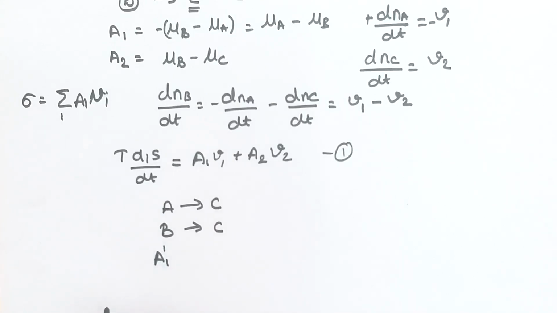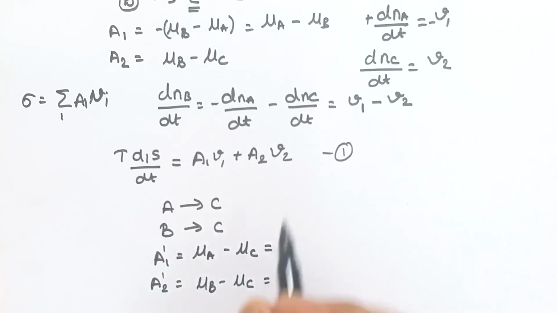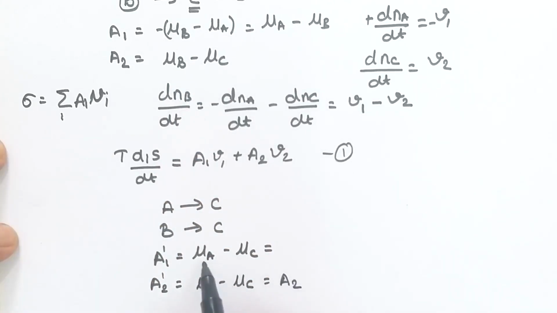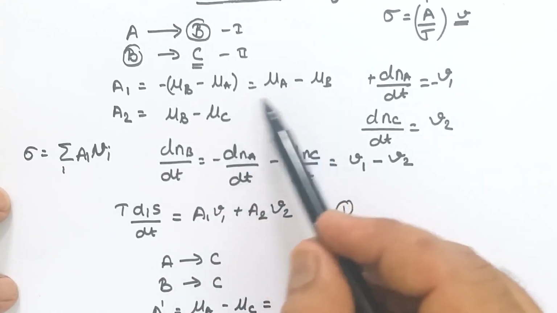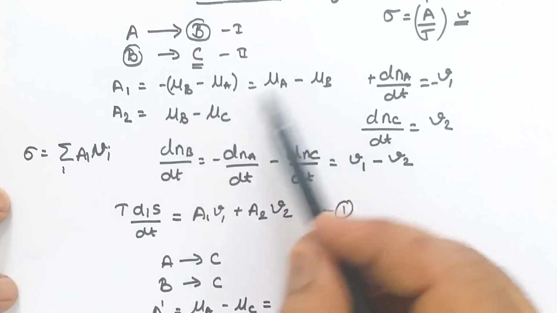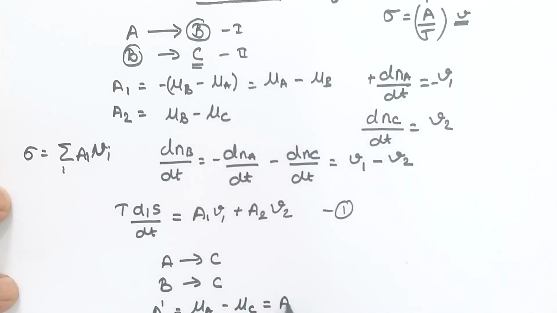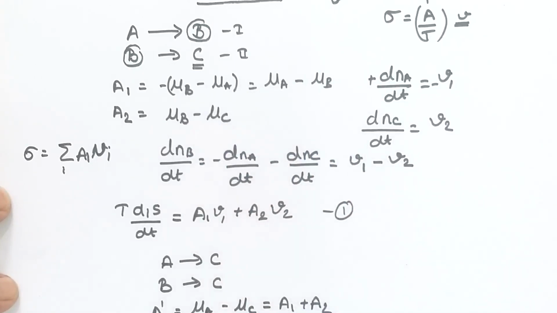Suppose I write A1 prime for the first reaction, that is A1 prime is equal to mu A minus mu C, and similarly A2 prime we can write as mu B minus mu C. So this mu B minus mu C I can write equal to A2, and mu A minus mu C. Suppose I add both these terms, then mu B will cancel out, and hence I can write A1 plus A2.